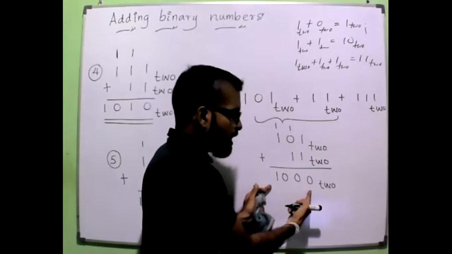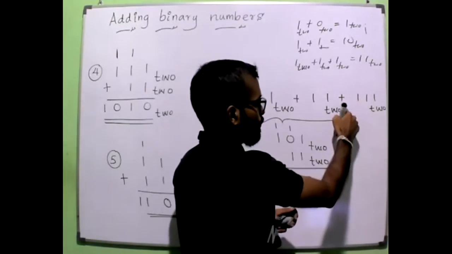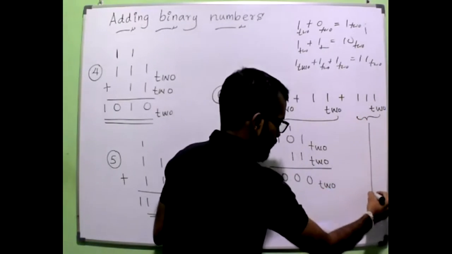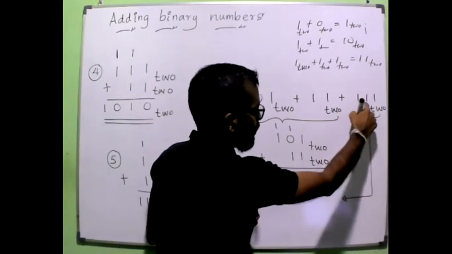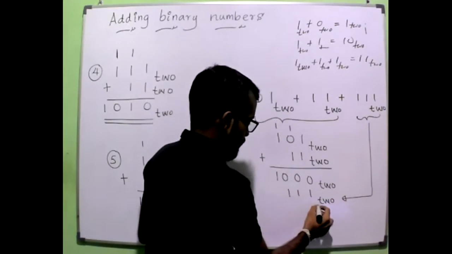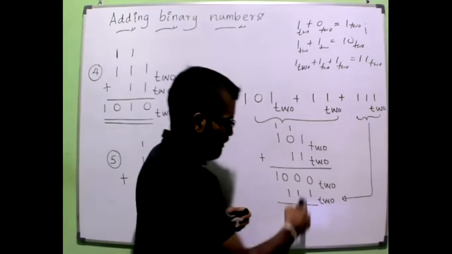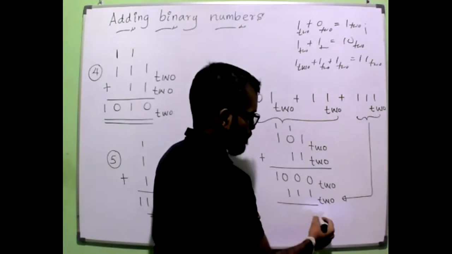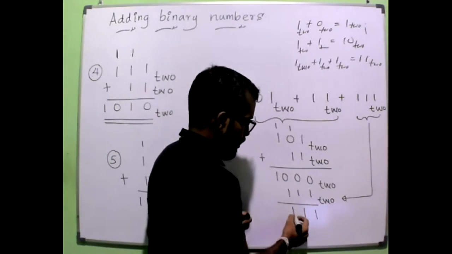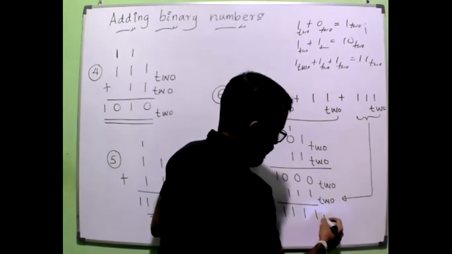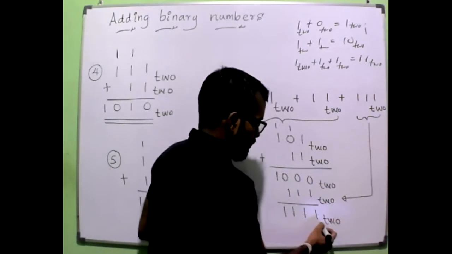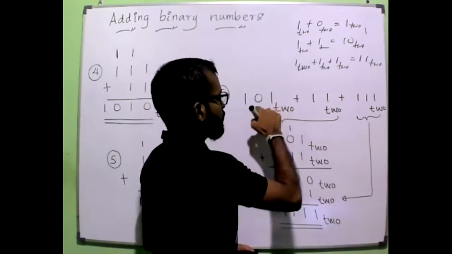Now to this answer I am going to add this one, 111 base 2. 0 plus 1 is 1, 0 plus 1 is 1, 0 plus 1 is 1. Right, so this is the final answer for the above question.